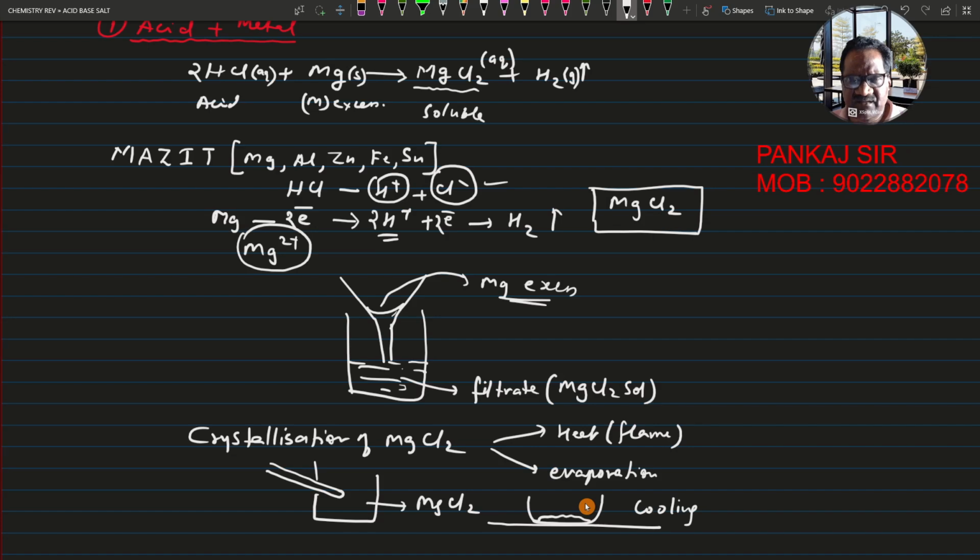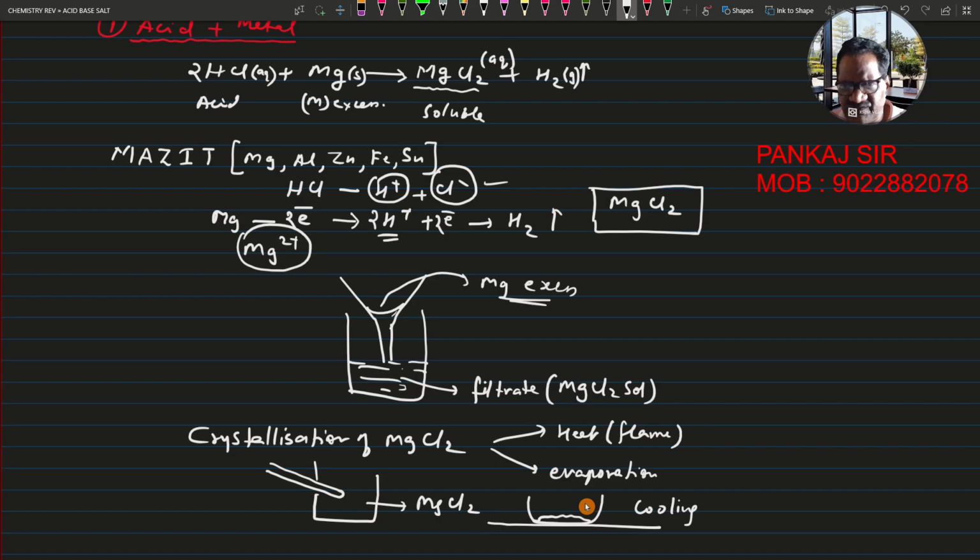Once all the crystals have formed, you have to take those crystals and just wash them with water. Pour a little water over it, then place it between filter paper and make it dry. This is known as drying and purification of the crystals.